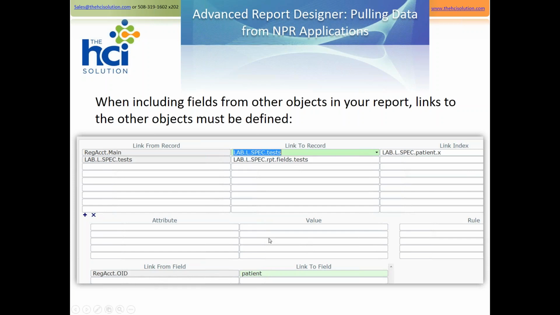And then we tell report designer that the reg account OID will link to the lab patient URN from the patient index. And we'll get into that in a minute as we start writing the report.